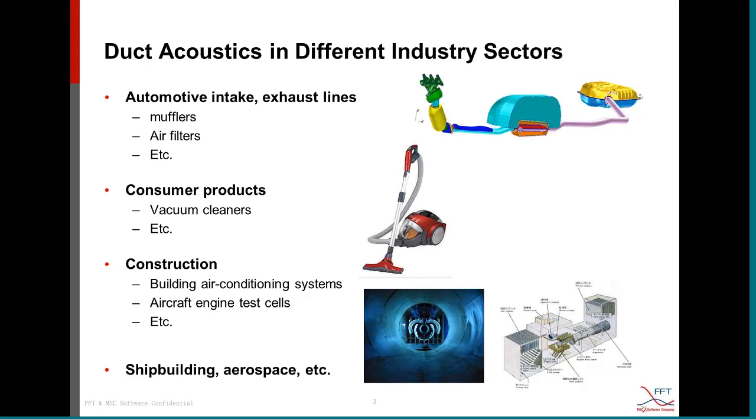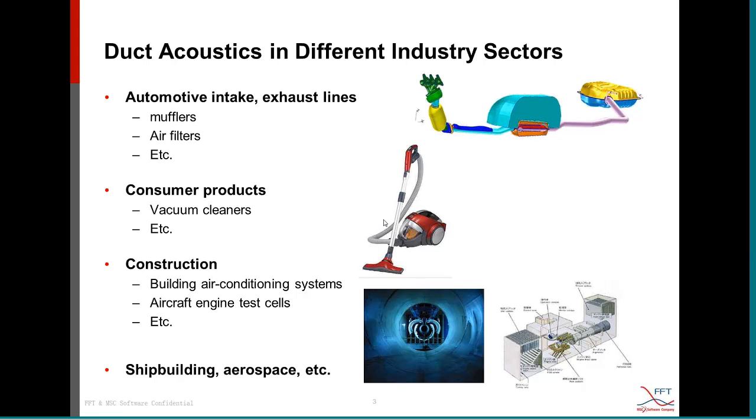For example, the muffler transmission loss or the air filter acoustic behavior are all subjects of today. Also, in other industries like consumer products, for example, in vacuum cleaners, we also have duct acoustics. For example, in the duct of this vacuum cleaner.